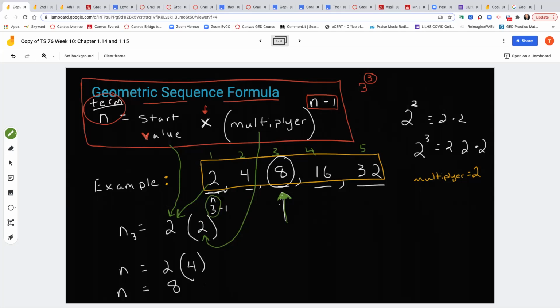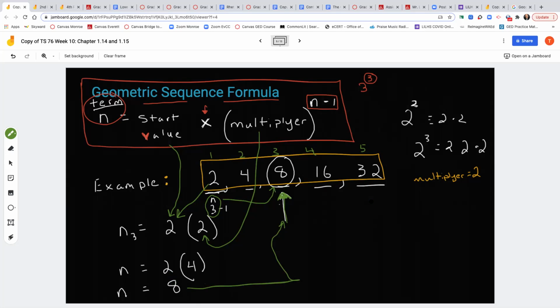That's the third term we're looking for. 3 minus 1 is 2, so this becomes 2 squared. 2 squared is 4, times the starting value is 8. And sure enough, it's the third term.